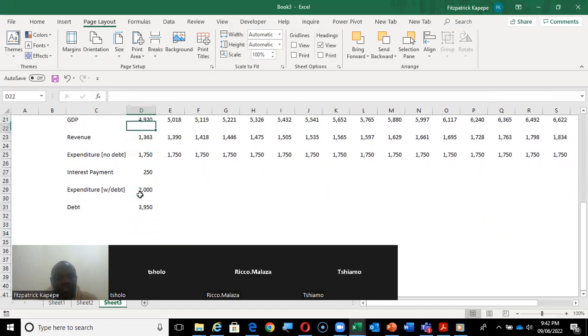So on the debt, we have this number. So we need now to check from the revenues that we have here, how much is being computed as deficit?